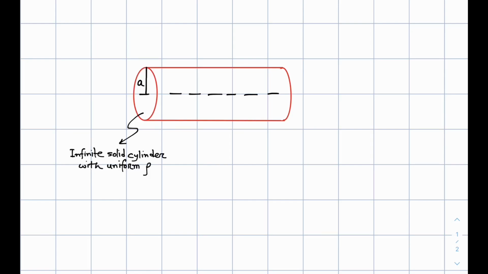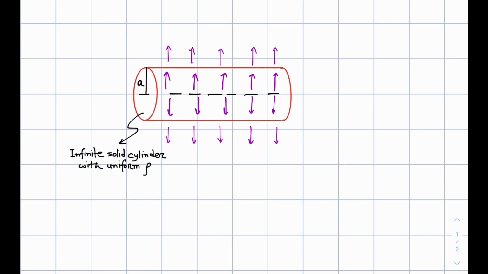Now, as the charge density is uniform throughout the cylinder and it is infinite in length, the electric field here should be directly outward from the surface of the cylinder. And as this is a solid cylinder, it will have electric field inside the cylinder as well, like this.